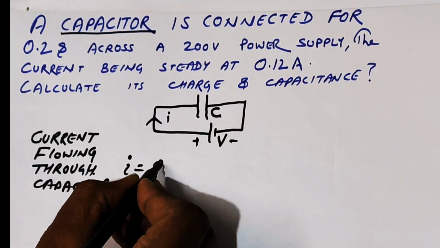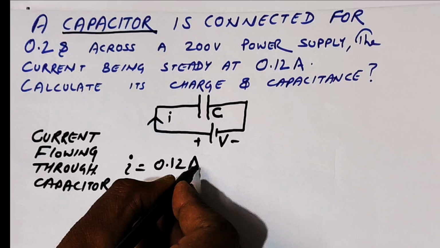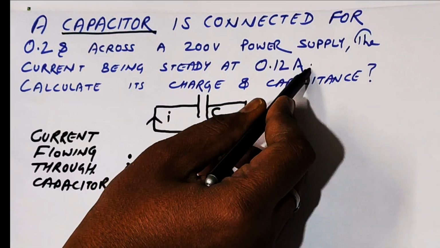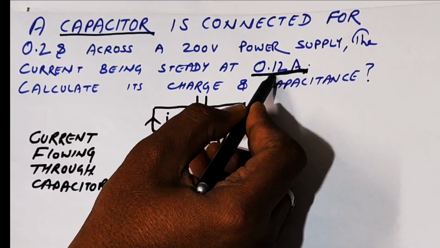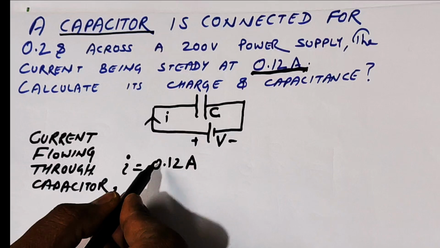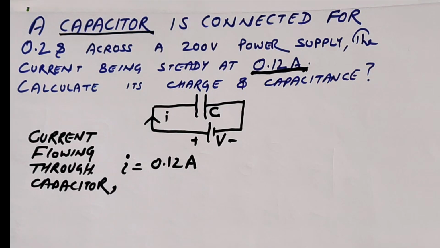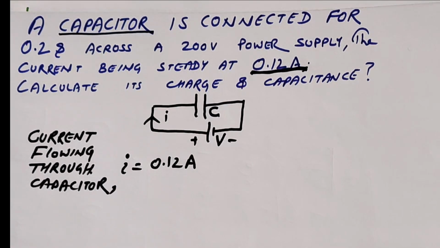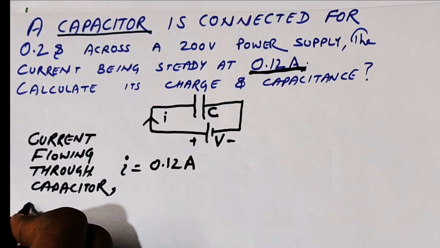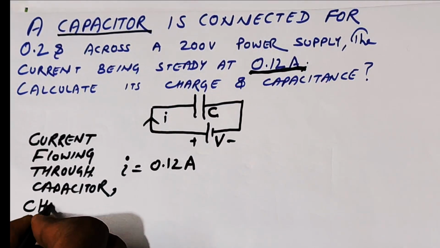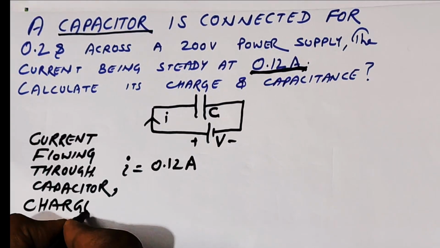It's given as I equal to 0.12 ampere, right? I am just showing it over here, 0.12 ampere. Now the data given in this numerical is I, the steady current, is 0.12 ampere.